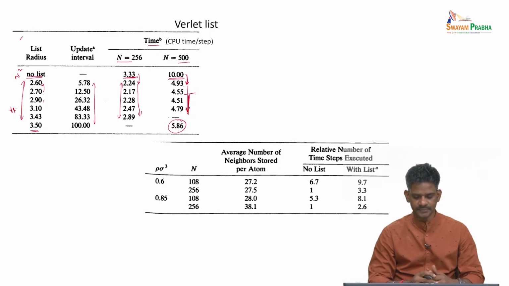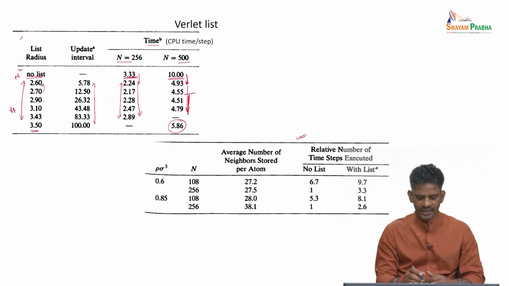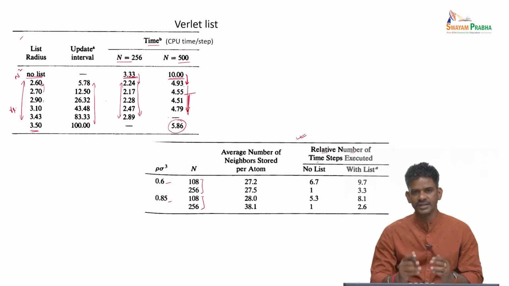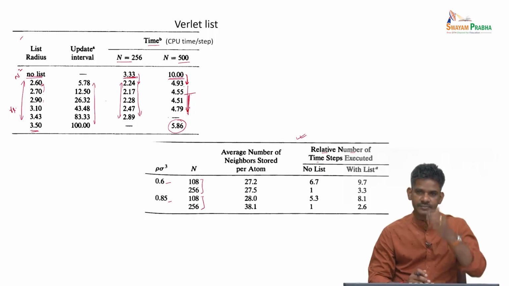possible. And this is another set of simulation studies where the simulation is done with two different densities, and again for each of these densities we are talking about two different system sizes, 108 particles and 256 particles. And here we are looking at the relative number of time steps executed for a given computational time.